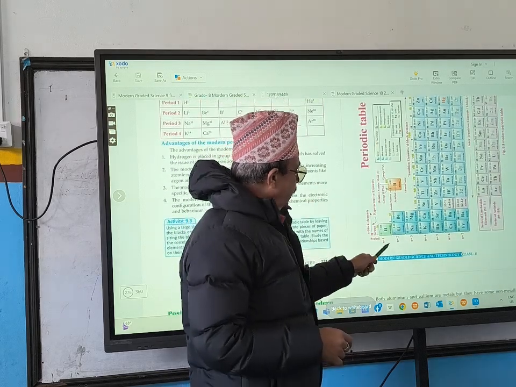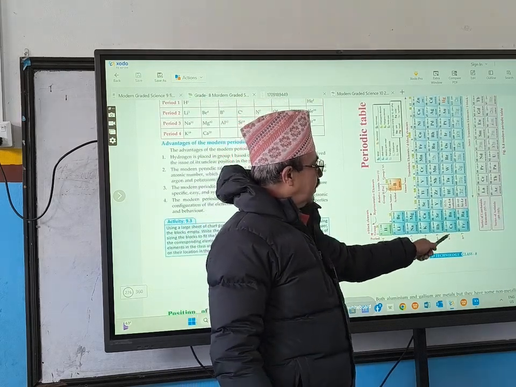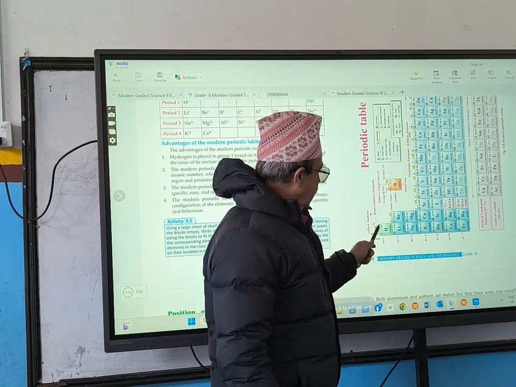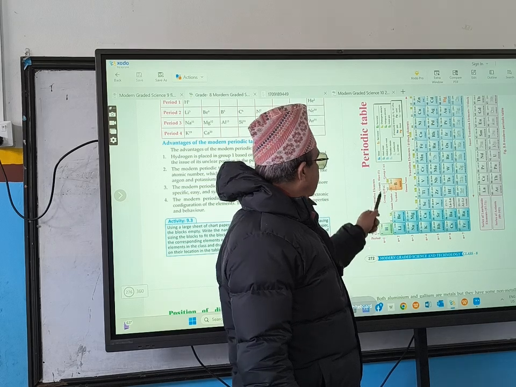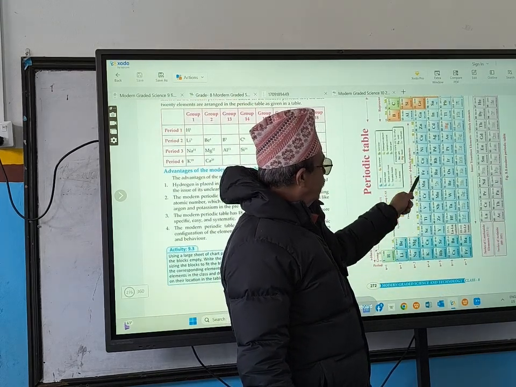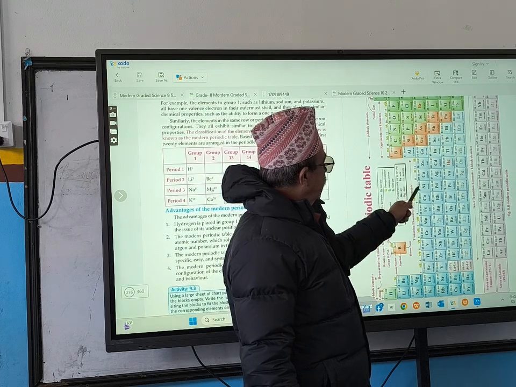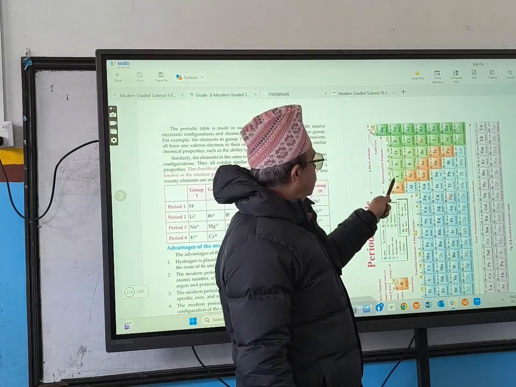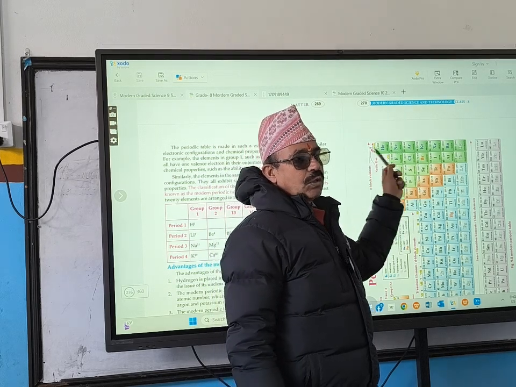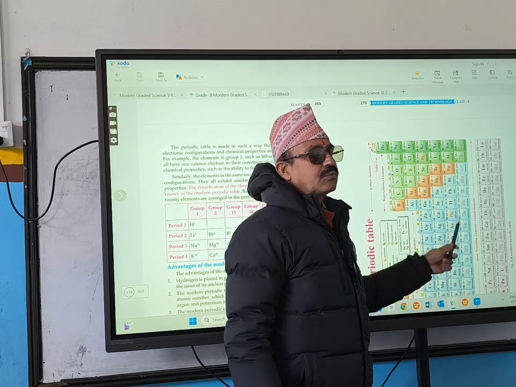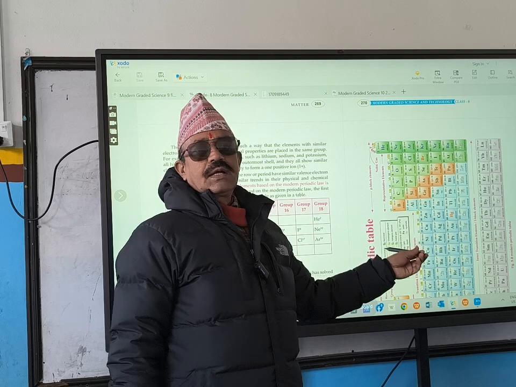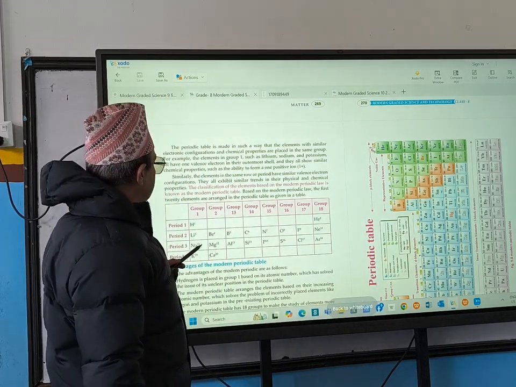I'll show you: 1, 2, 3, 4, 5, 6, 7. These are periods. Now these are groups, 1 to 18. Top to bottom, groups. Left to right, periods. So who designed this? Henry Moseley.